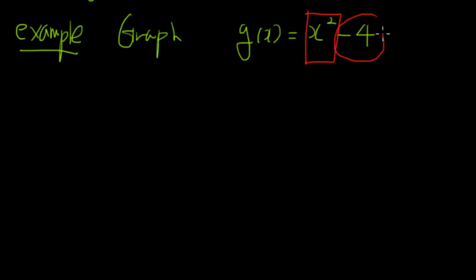Graph, say, g of x equals x squared minus 4. Okay. Again, you can see that from that original f of x function, we subtracted 4.